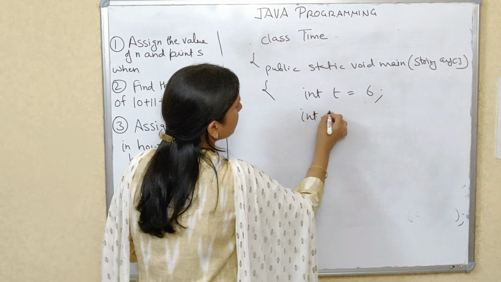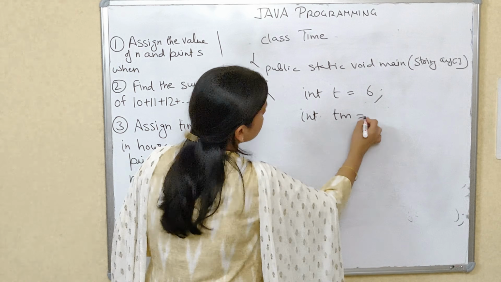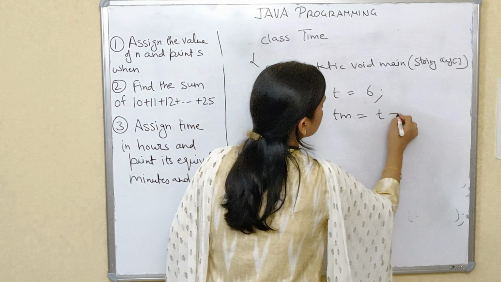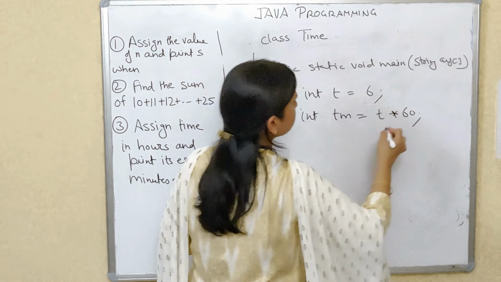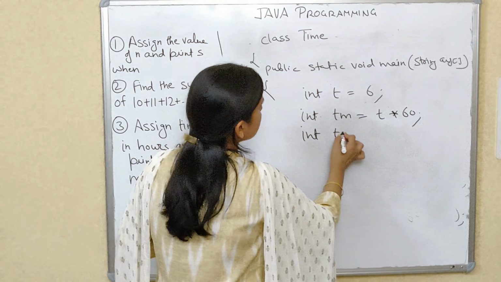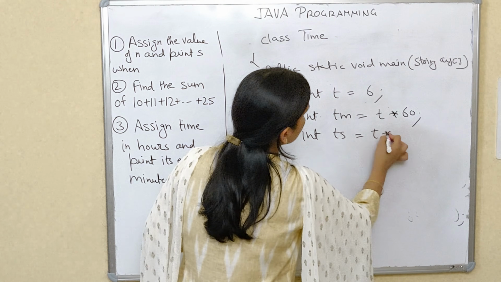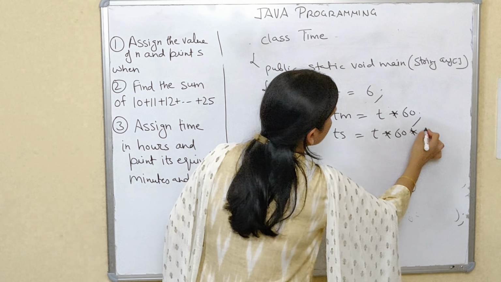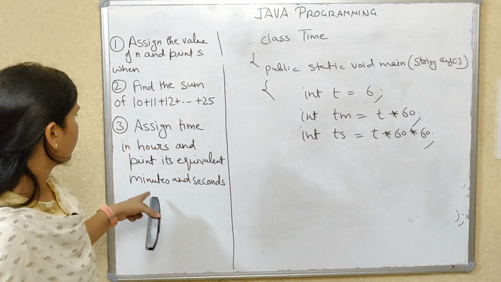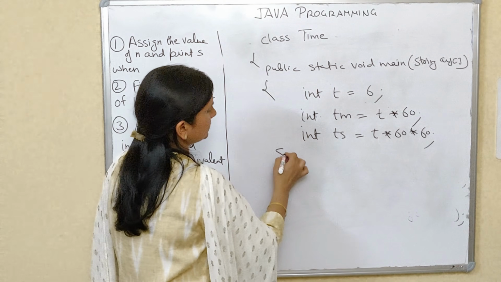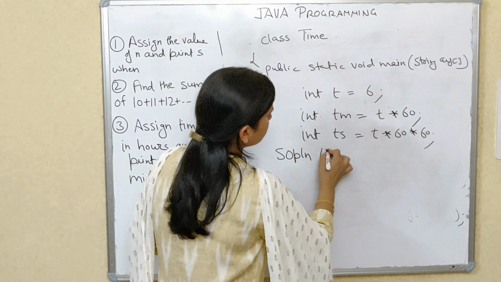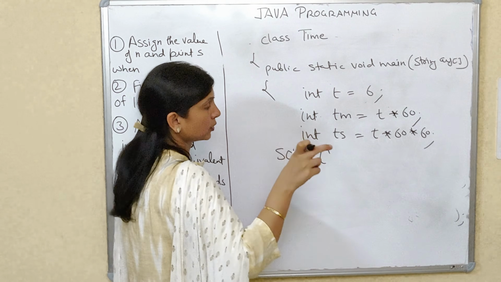So how will you get time in minutes, Tm? If hours are given, how will you calculate it in minutes? T into 60. Fine. And how will you calculate time in seconds? T into 60 into 60. Fine. Now display. I am writing in short form SOPLN, but you will write in full System.out.println.